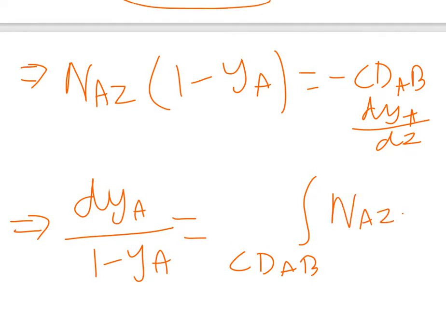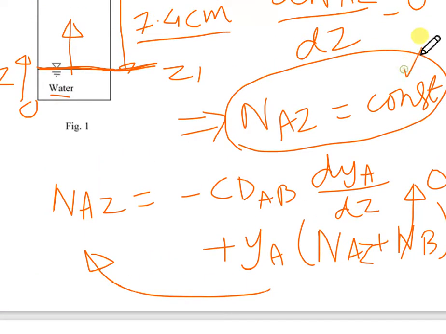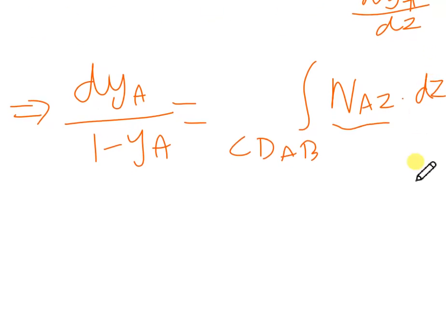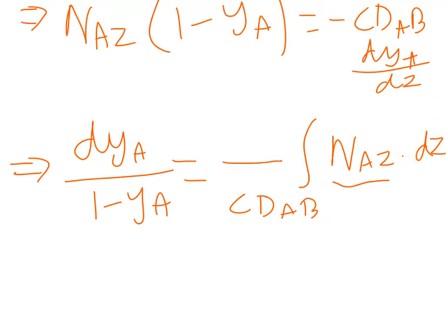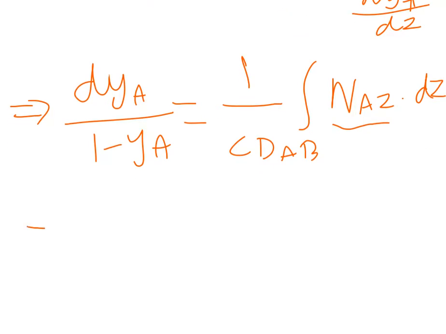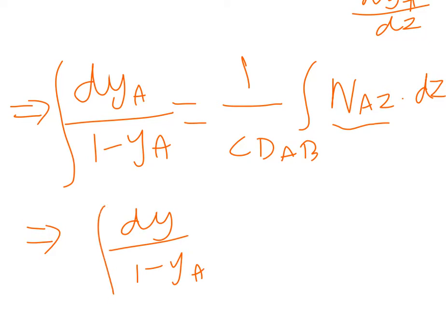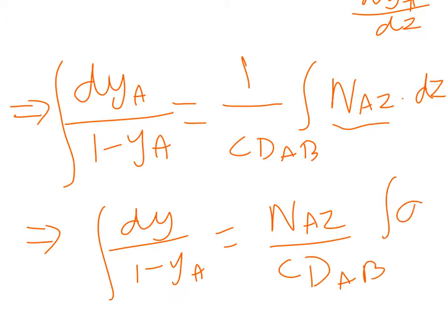This NAZ we got is constant, isn't it? NAZ is constant, so we can take this outside. Then it's basically dYA over 1 minus YA equals NAZ divided by C DAB dz.